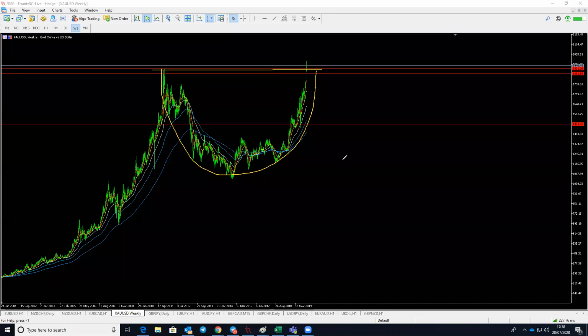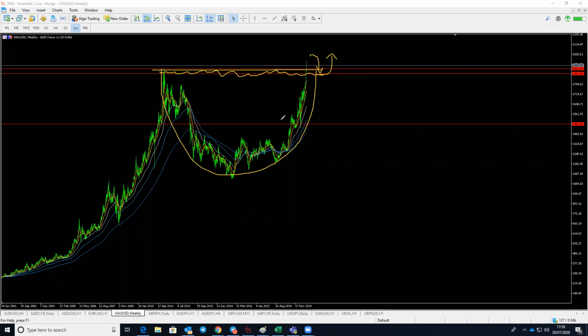That's the most important thing at this stage, because the reversal would then confirm where it would reverse to. If it reverses towards this area here, the mouth of the cup area, and then reverses back up again from the mouth of the cup area, then I would say that this cup and handle pattern will start.